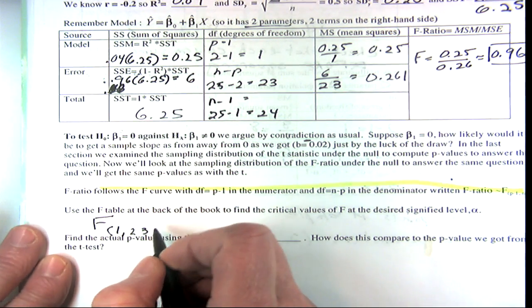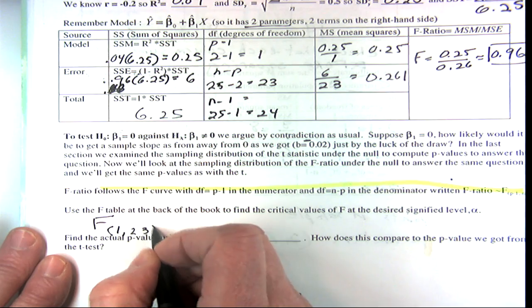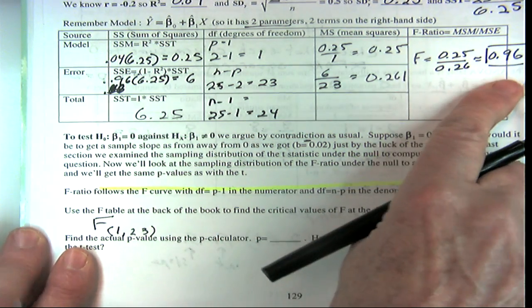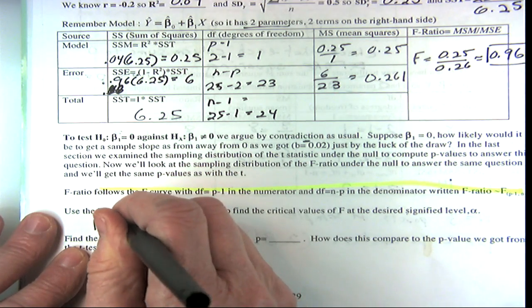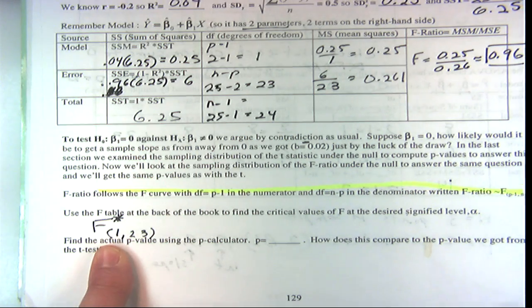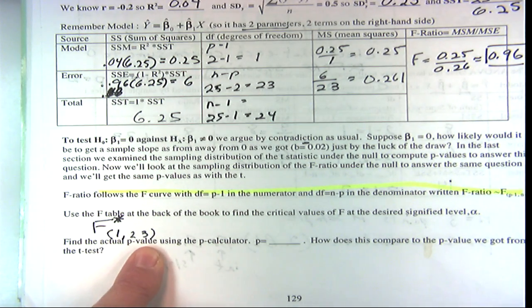Okay, that's what we're going to do. And we got this F of 0.96, so we should look at the critical value on this curve, and I'll show it to you. Let's do it, and then we'll look on the computer.